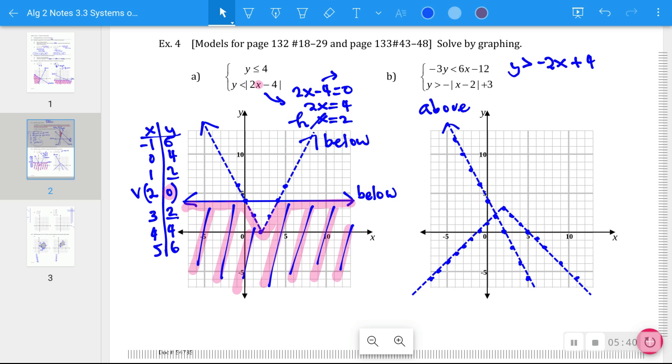We want to be, let's make the notation on that one. It says greater than, so we want to be above that V. So the highlighted region has to be above both graphs. So I'm going to take my highlighter and I'm going to highlight the solution set, first of all, by outlining it.